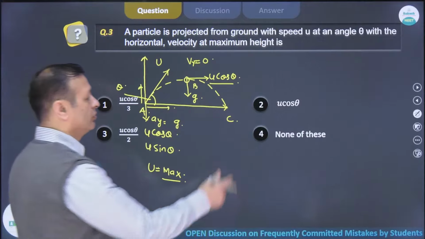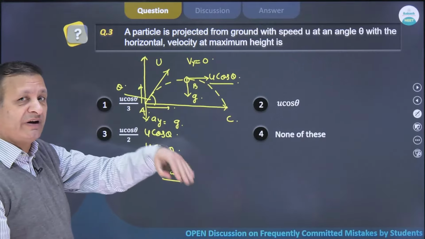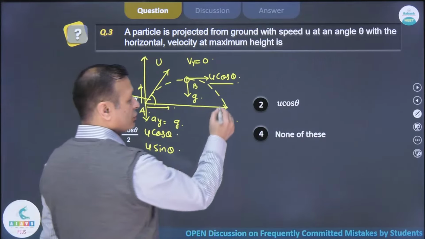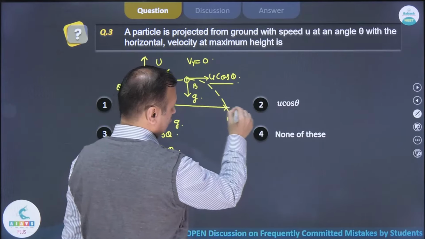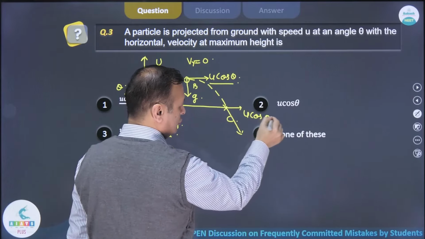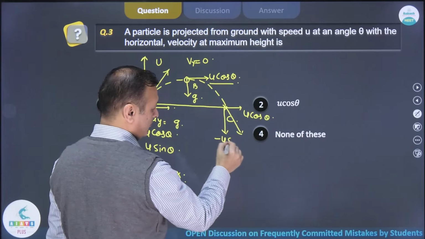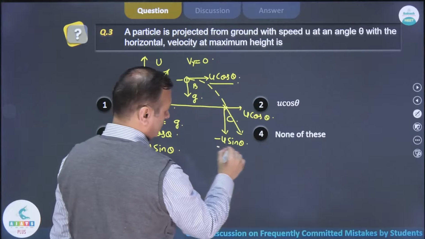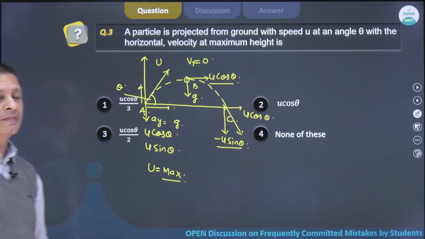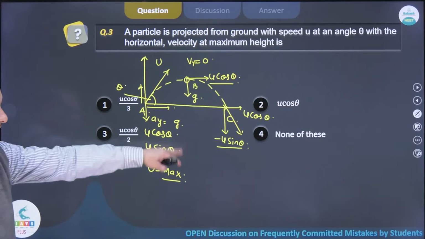Coming back to point C, that is the point of landing where the projectile is finally hitting the ground. The final x component will still be u cos theta, and the downward component will become minus u sin theta, assuming there is no air drag or air friction. So the speed would again be the maximum.